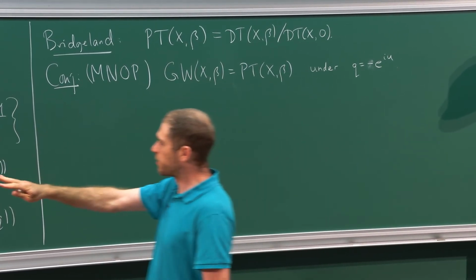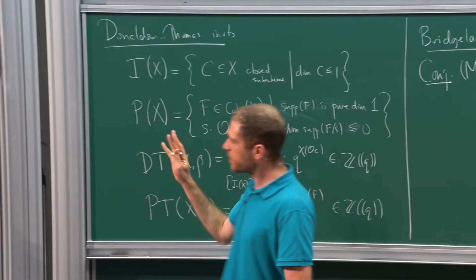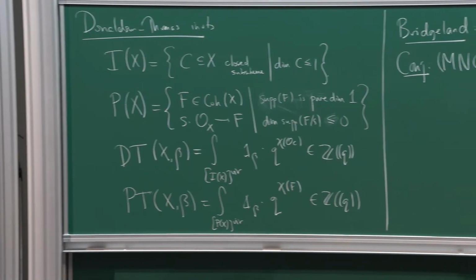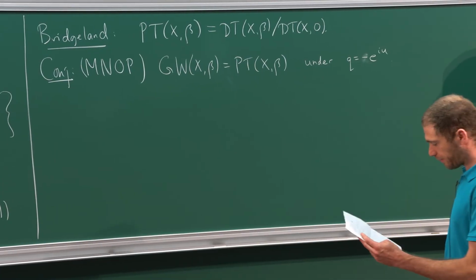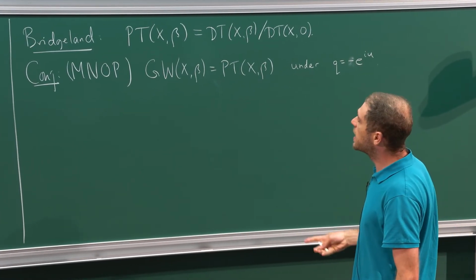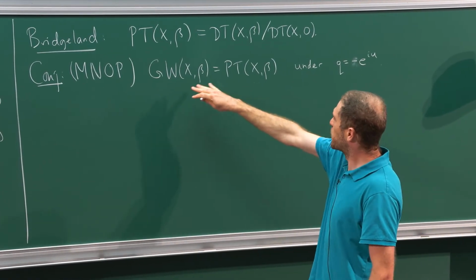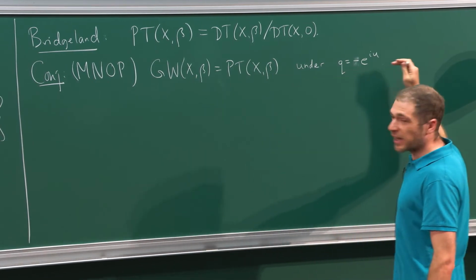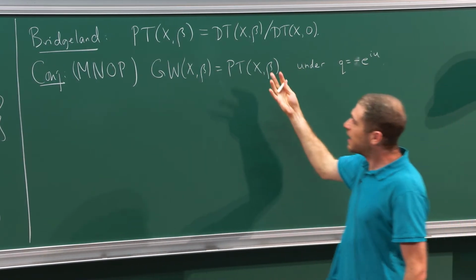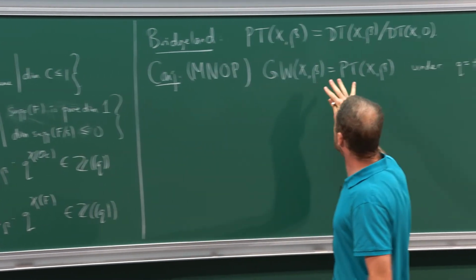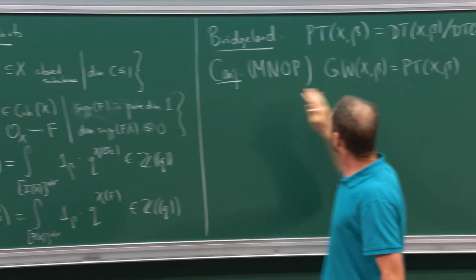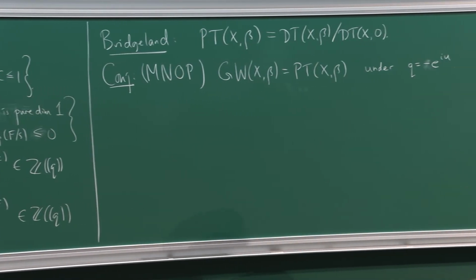I just state the simplest version. You can also state the version with cohomology insertions. So it's been checked in many cases, and I should note that I'm stating it a little bit anachronistically. When it was first stated, Pandharipande-Thomas invariants weren't around yet. So it was stated in terms of Donaldson-Thomas invariants on the right-hand side.